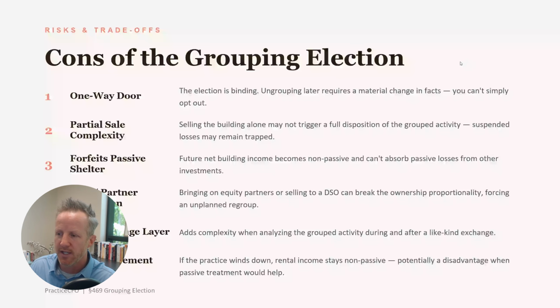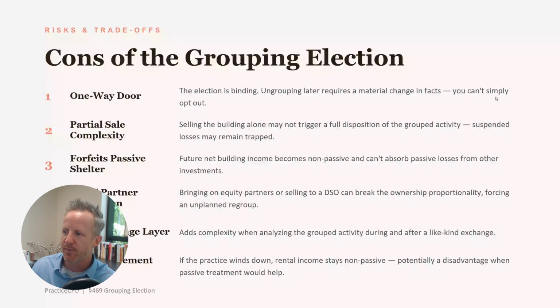Number two, a disadvantage of the grouping election, is partial sale complexity. If you sell the building alone, it may not trigger a full disposition of the grouped activity. Suspended losses may remain trapped.